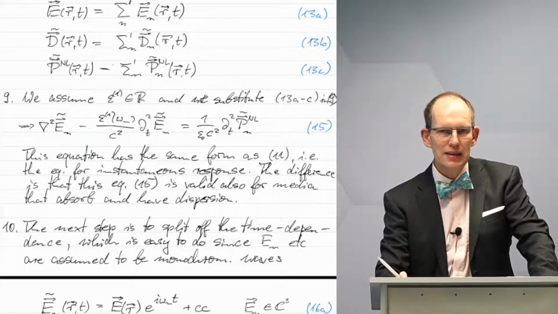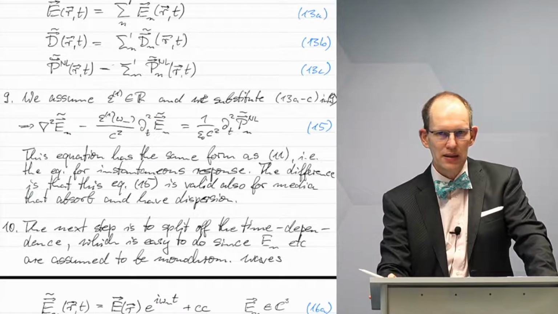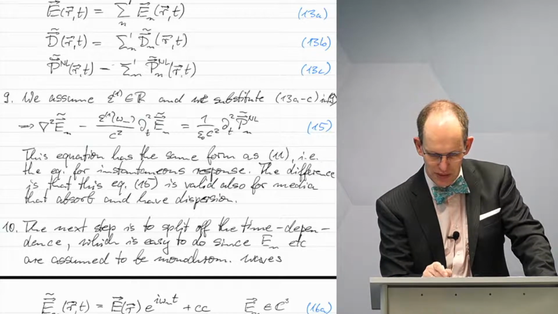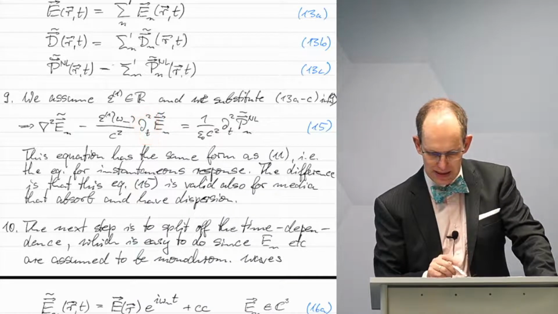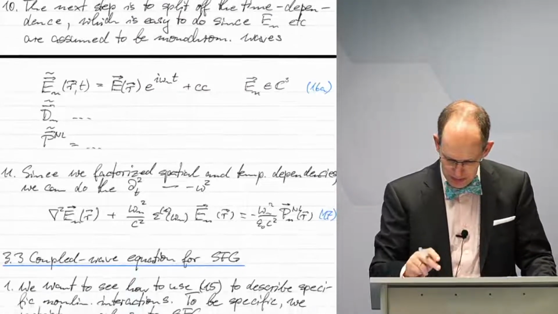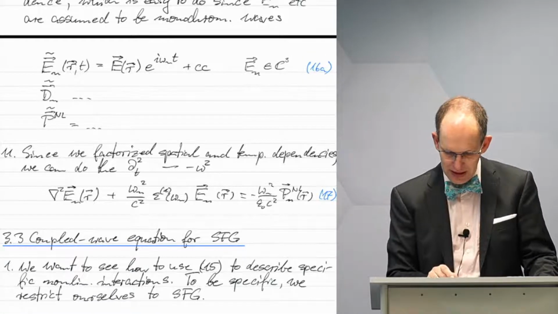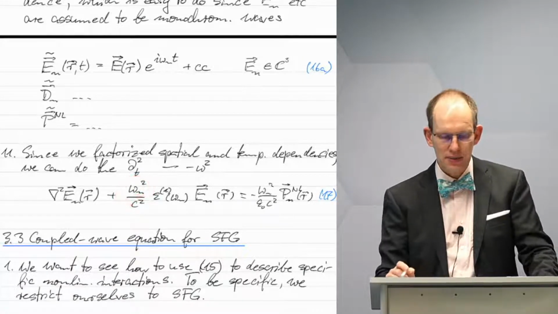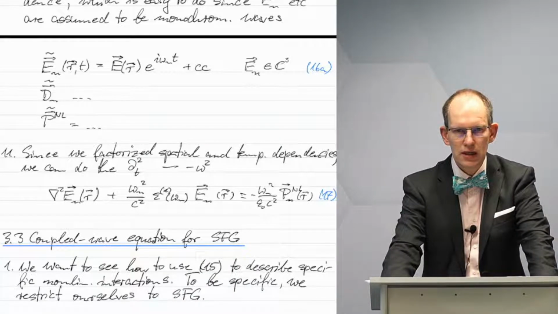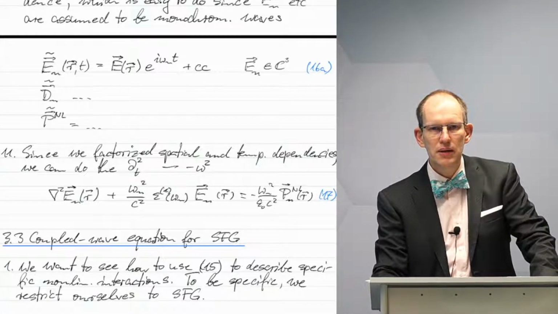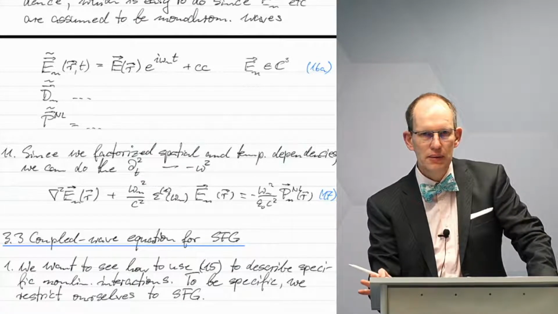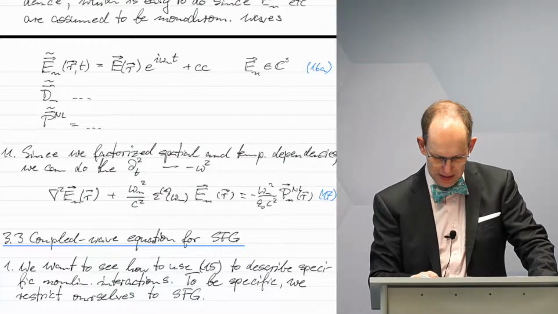But if we assume that we are dealing with monochromatic waves, then of course we can do this derivation. And if we do it, then we get this factor of omega n squared, where n runs from 1 to 3 or 4, depending on whether we have 3-wave mixing or 4-wave mixing.